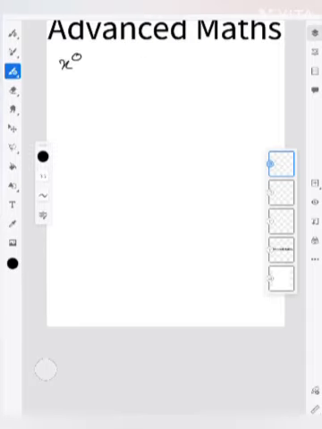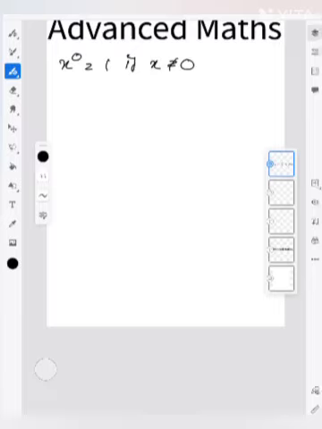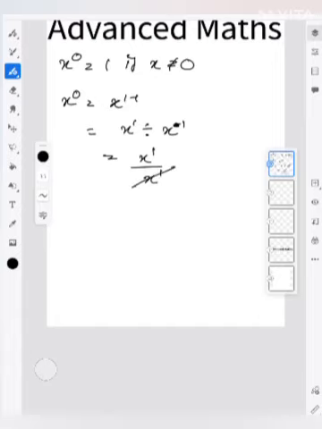Now we will do x to the power 0 is equal to 1 if x is not equal to 0. Why? The main question is why? Because we can write x to the power 0 is equal to x to the power 1 minus 1, right? And we know that x to the power 1 divided by x to the power 1.